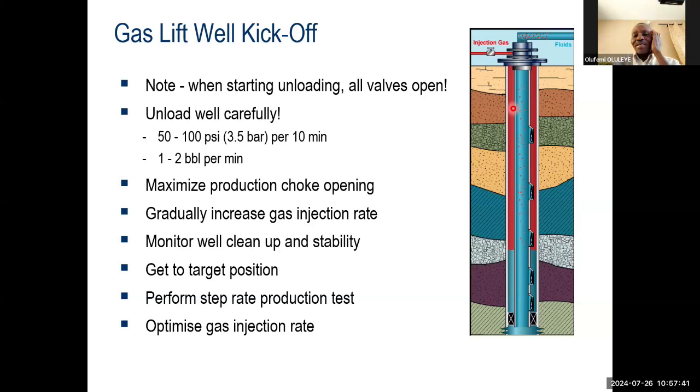Then second question, how do we maintain pressure during this operation to prevent high pressure fluids from erupting into the wellbore and disrupting the operation?